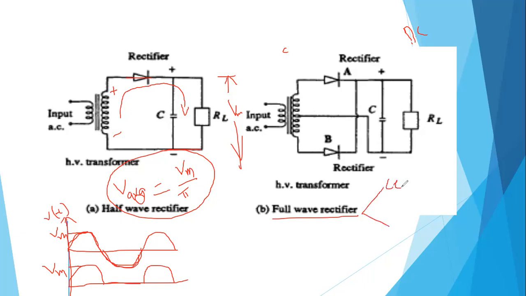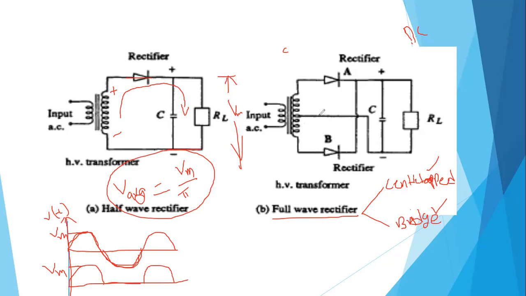So the full wave rectifier has two types: one is the center tapped rectifier, and the second one is the bridge rectifier, right?